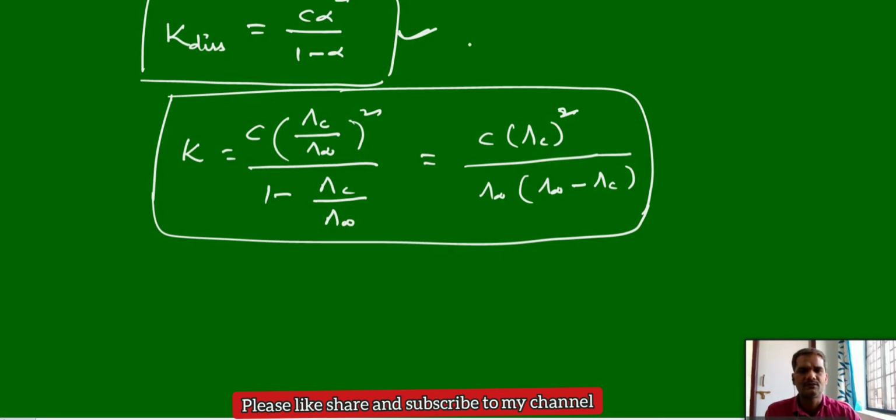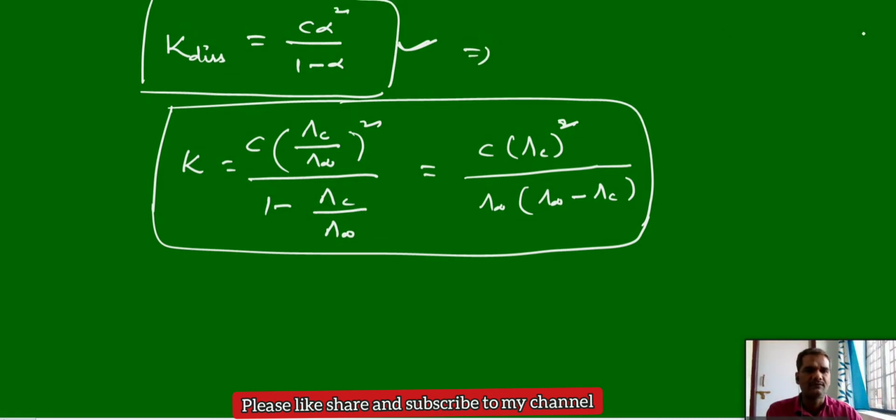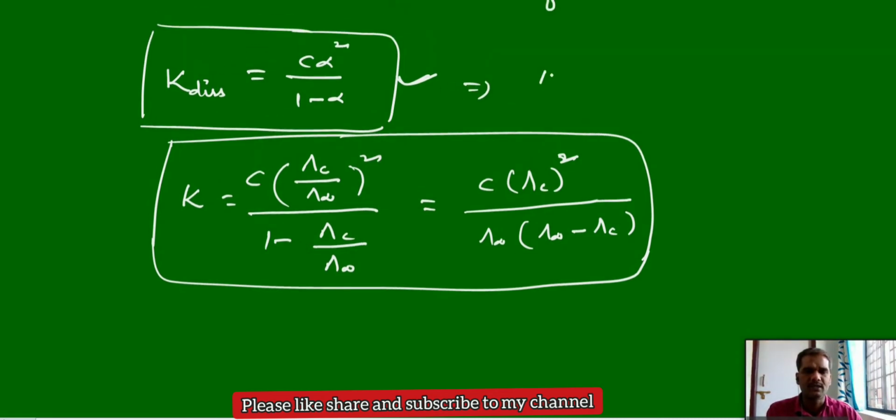We can simplify further: if alpha is very small compared to 1, then the dissociation constant K equals C alpha square. This is for further simplification where alpha is much less than 1.